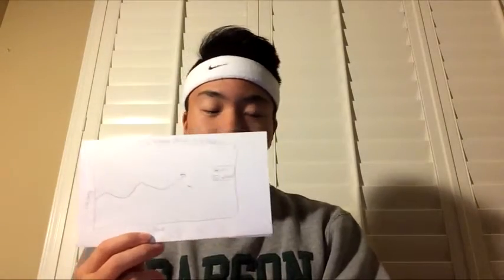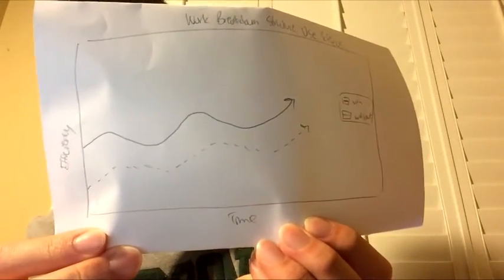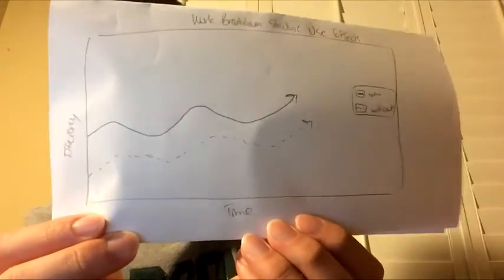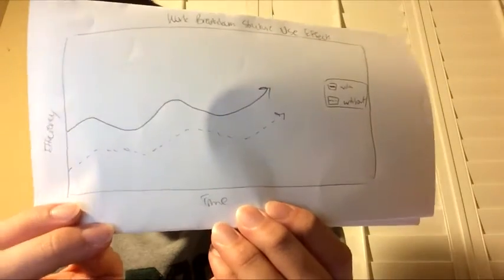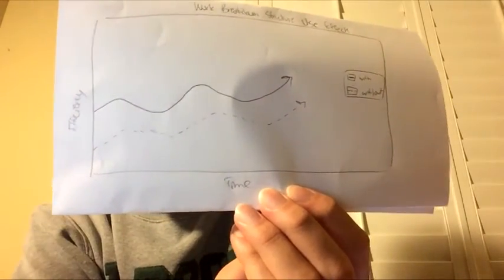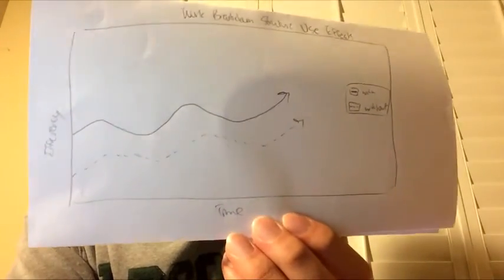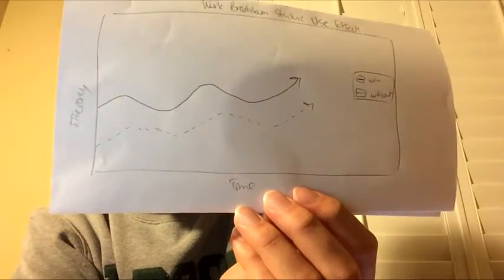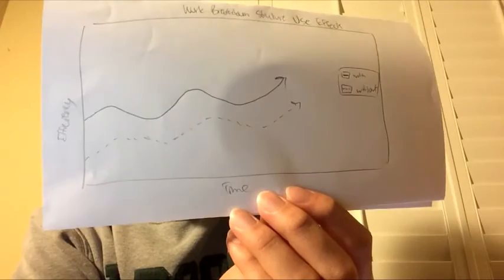Now let me show you what this actually means. As you can see, hopefully, I have one solid line and one dotted line. The dotted line represents how companies are if they do not use a work breakdown structure, and the solid one represents a company if they do.